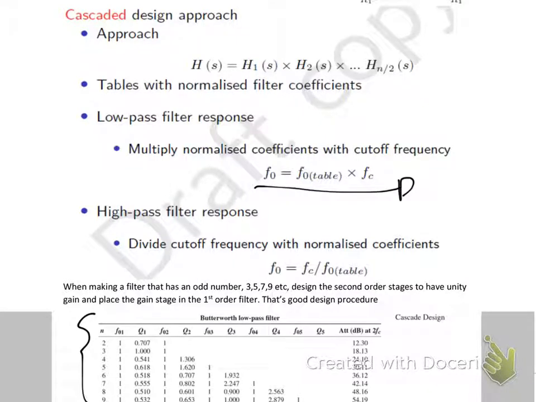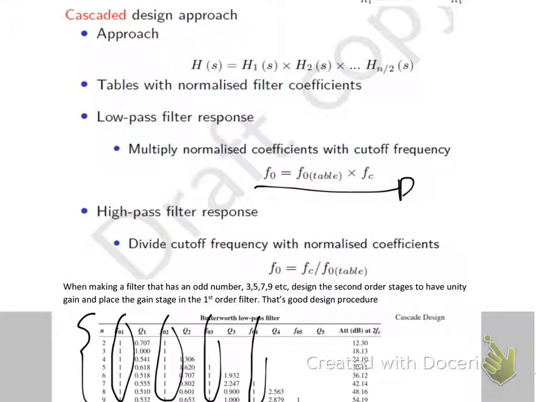To change from these values to your frequency, you take your f of o, the value here in the table, and you multiply it by your frequency. And Butterworth is really nice with this, because the frequency you're designing for is always the same frequency that you want.